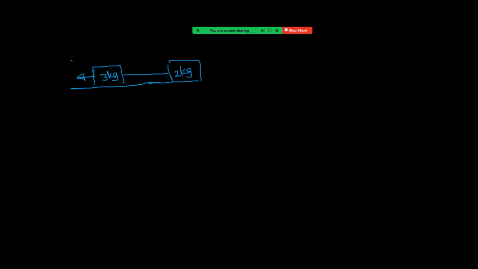Apply force F here. Let us take the same values, 0.2 and 0.3. Now again, F equal to 10, next F equal to 15. Find the frictional force, find the tension.